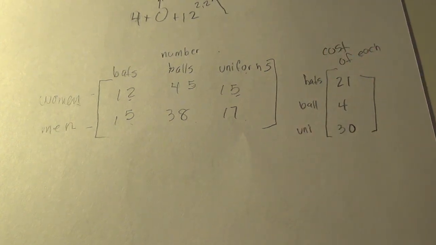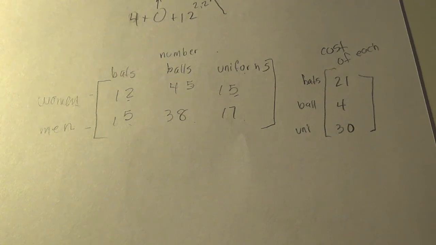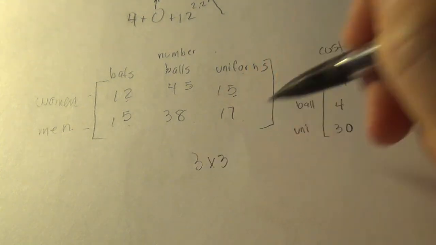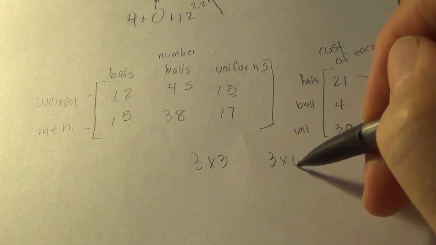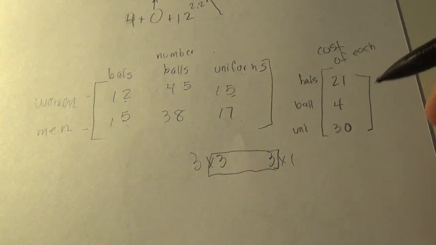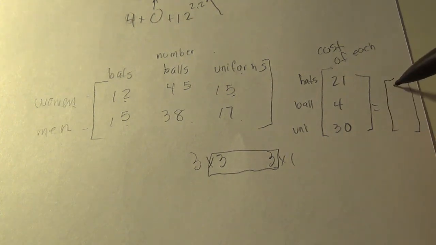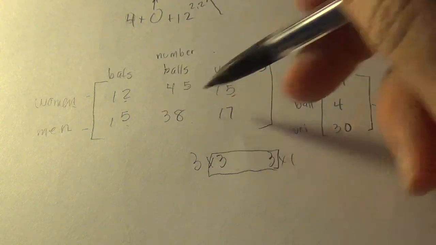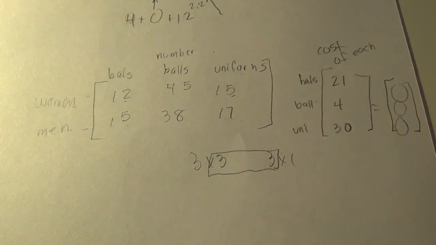So, how could you calculate the total amount? Because this is a 3 by 3 and this is a 3 by 1, you'll see that we are able to multiply them, and we'll come up with a 3 by 1. It will give us the total cost of the bats, the balls, and the uniforms by doing the multiplication the way I showed you.